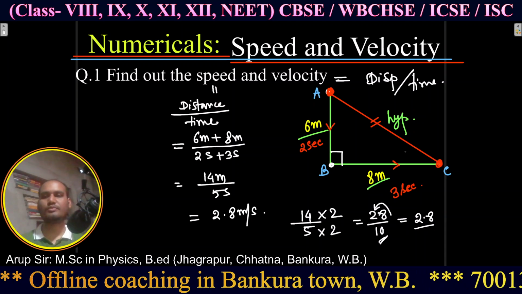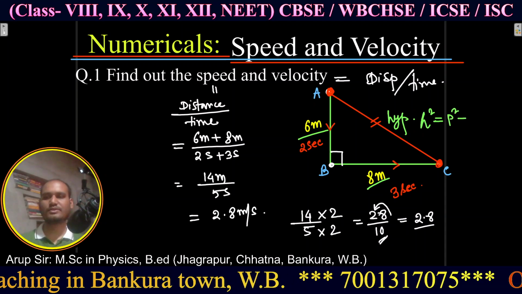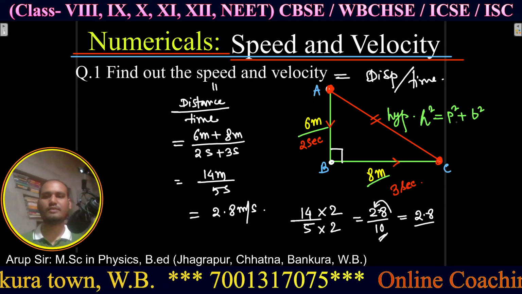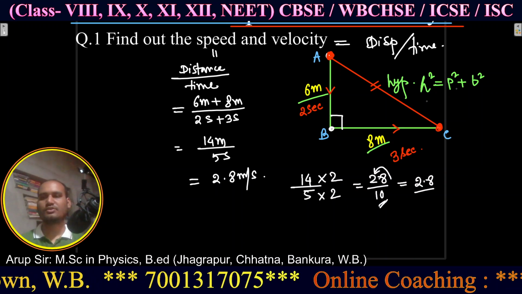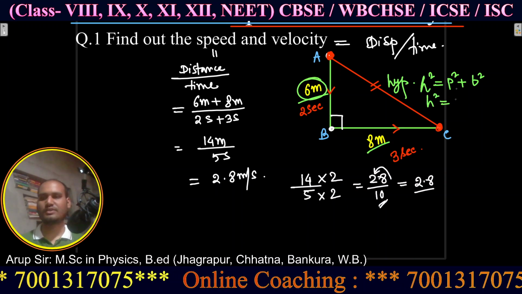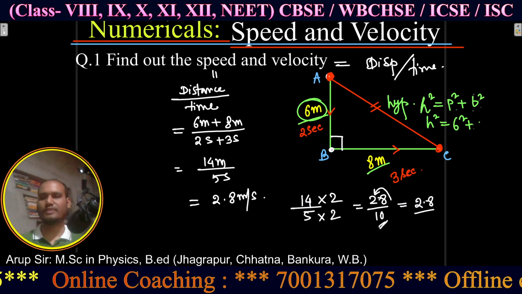What is the formula? Hypotenuse square is equal to perpendicular square plus base square, right? So hypotenuse square is equal to 6 square plus 8 square.